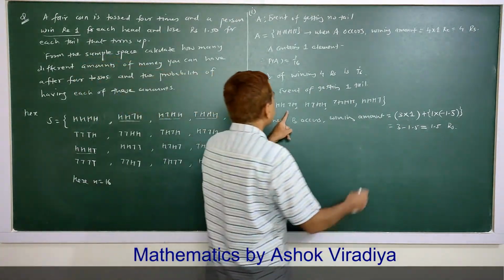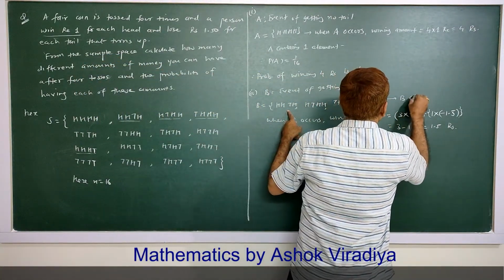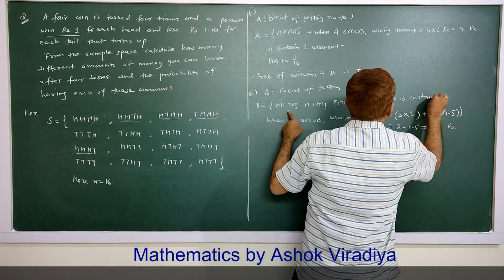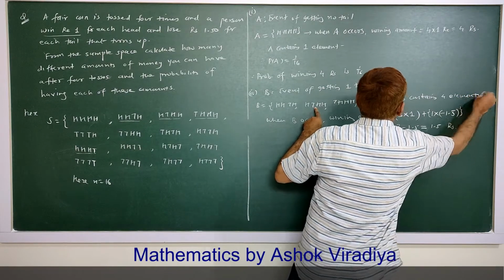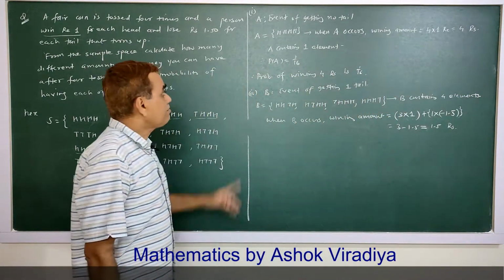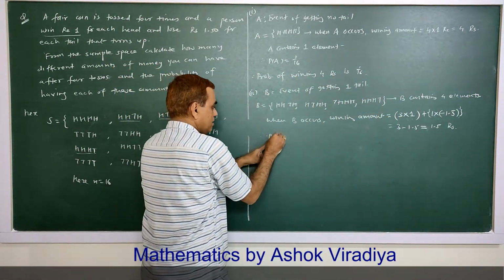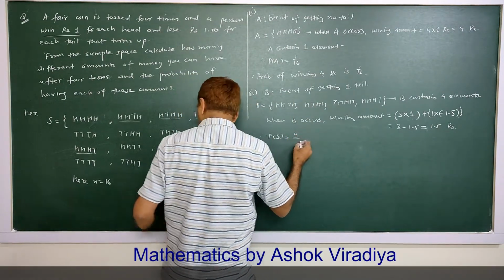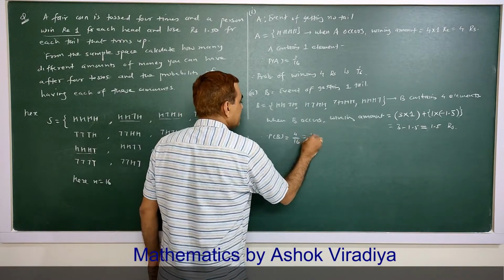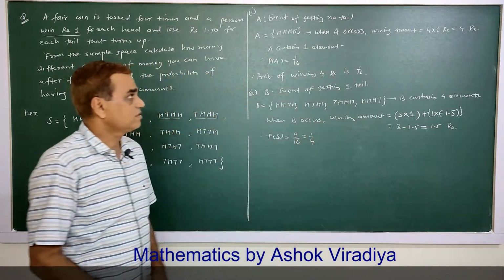Now here B contains 4 elements. So the probability of B is 4 upon 16, that is 1 by 4.